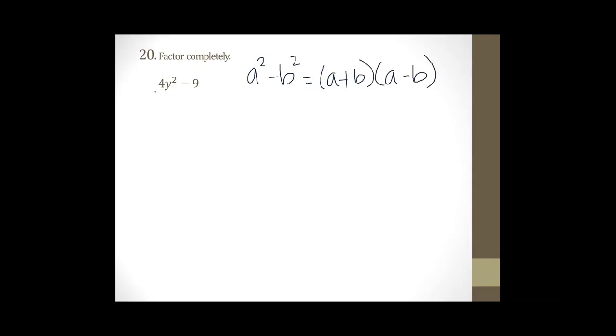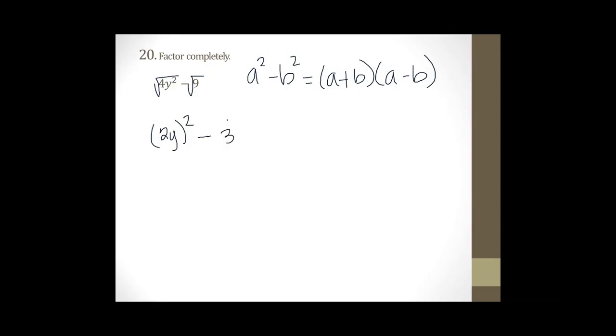So if we take the square root of each term, that will give us the base for each term in a squared minus b squared form. So the square root of 4y squared is 2y. So that's my a, because 2y squared is 4y squared. And the square root of 9 is 3.